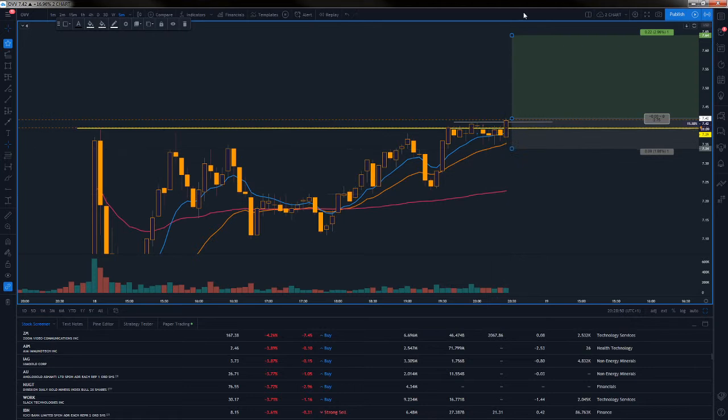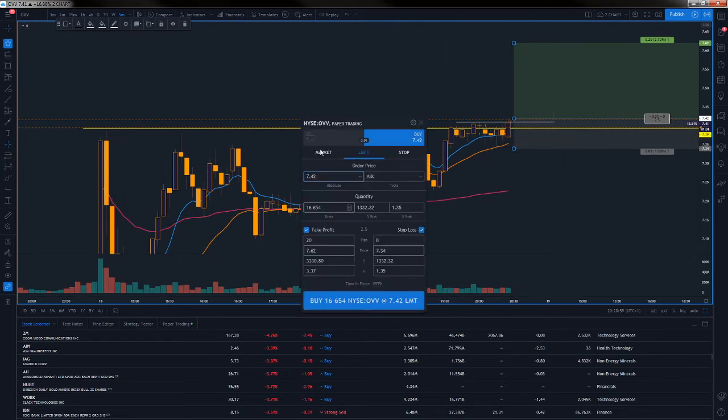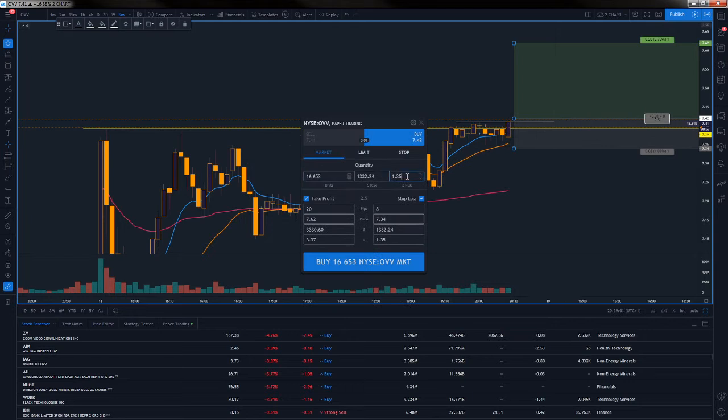But we'll get our order ready just in case we can close above here, potentially get a run for a good 20 minutes. It looks like we got swept on the stop, with a stop too tight, which happens sometimes. It is what it is.